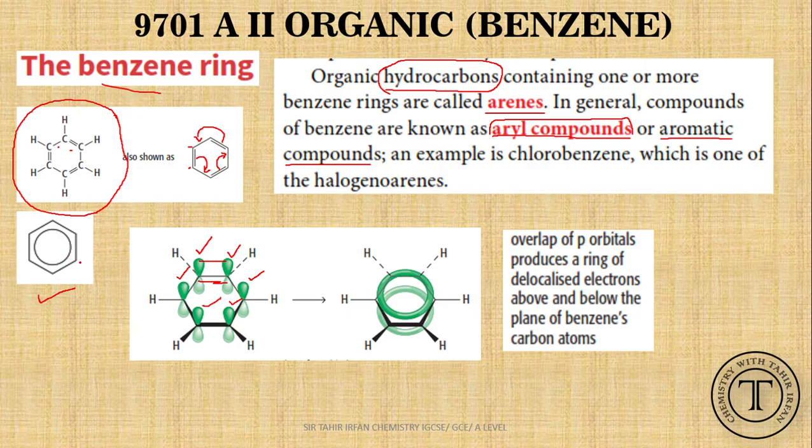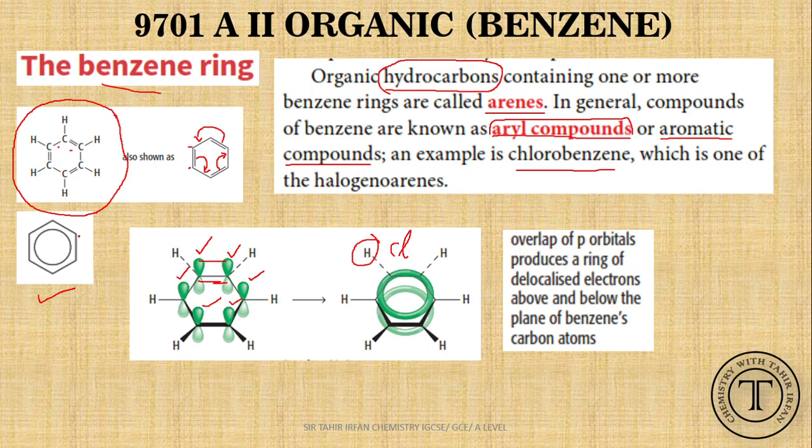It is also possible there are other atoms joining here. For example, an example is chlorobenzene. Suppose one chlorine atom replaces a hydrogen atom. For example, this hydrogen atom is replaced by a chlorine atom. So that will be chlorobenzene.